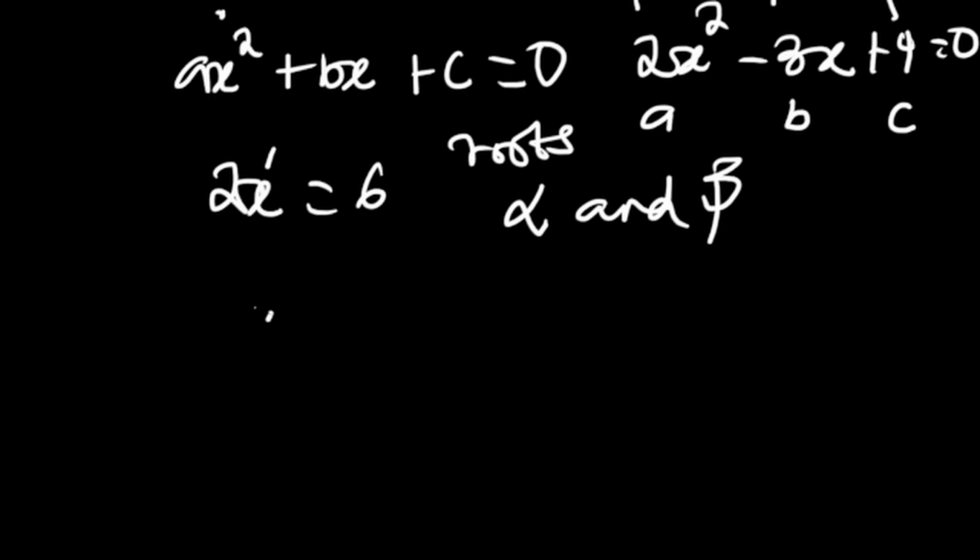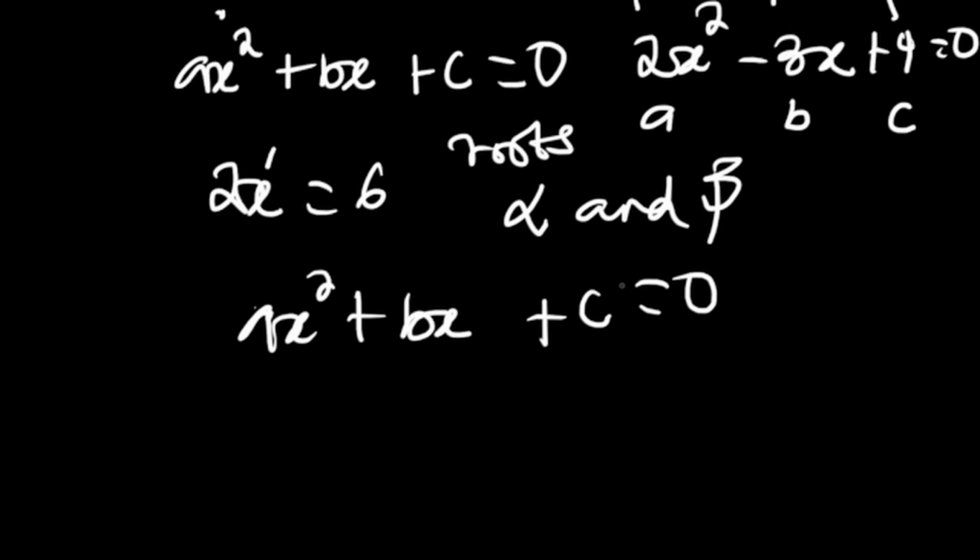This equation right now, ax squared plus bx plus c equals 0. Okay? Now, when we solve it by completing the square, we're going to find that x equals negative b. Let me write this properly.